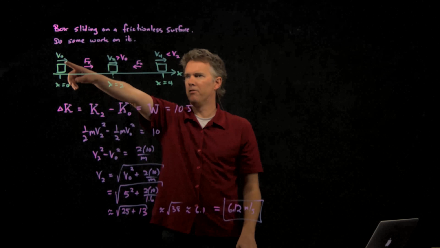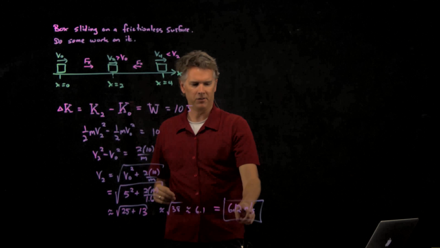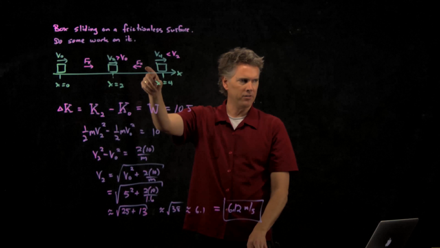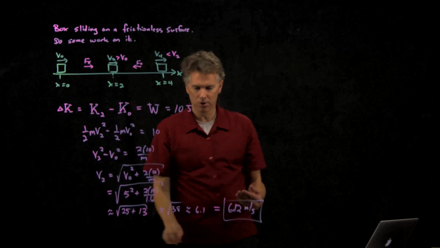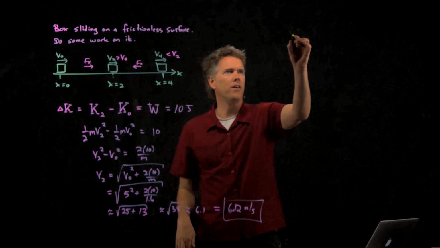Okay, so that was part one. The initial velocity was 5. We applied some force and ramped it up to 6.12. But now we're going to apply a force in the other direction, so it's got to slow back down. But what does it slow back down to? Somebody's saying 5. Why 5?